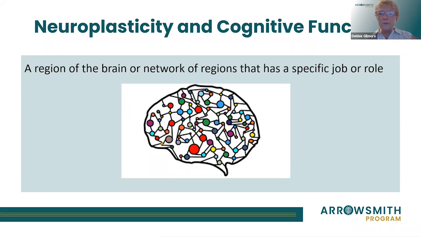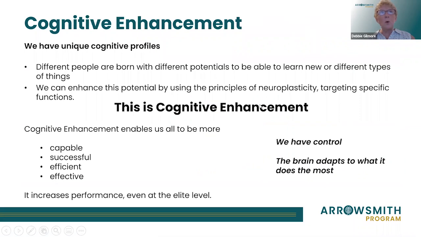It is a region of the brain or a network of regions that has a specific job or role in our lives or in the task that we're doing. So that's important to do. And then what we know we can also do is stimulate that cognitive function using the principles of neuroplasticity. And that's what we call cognitive enhancement.